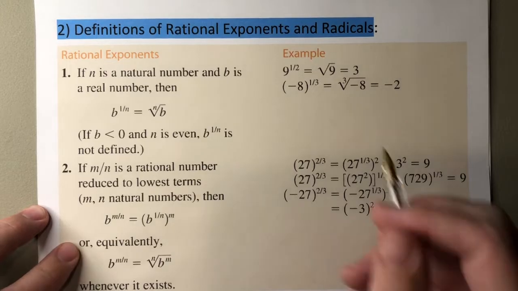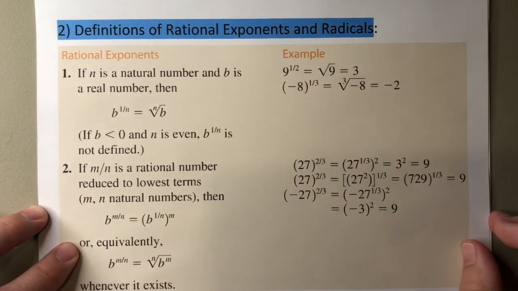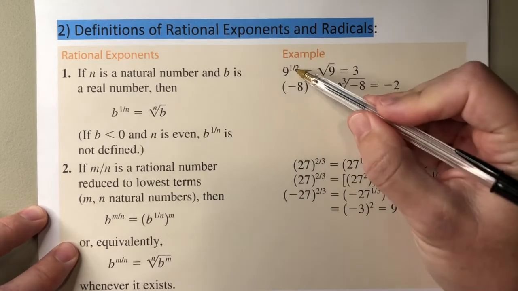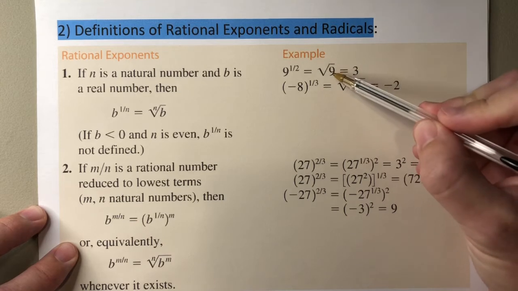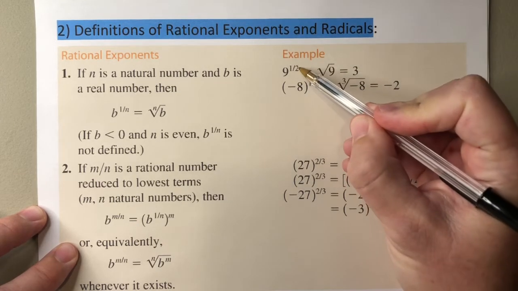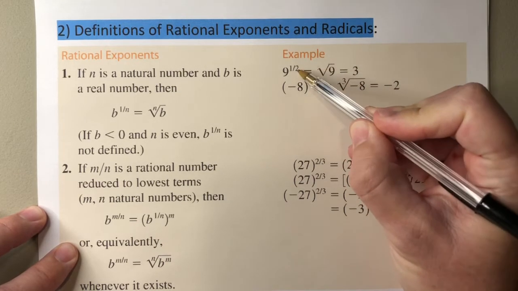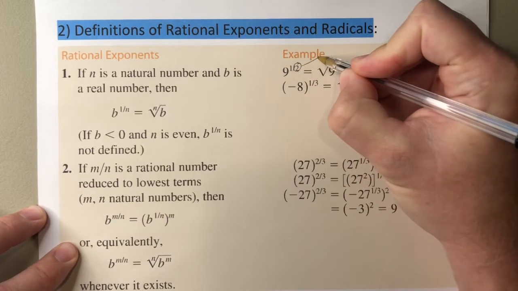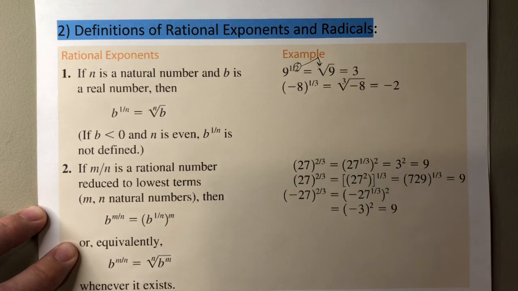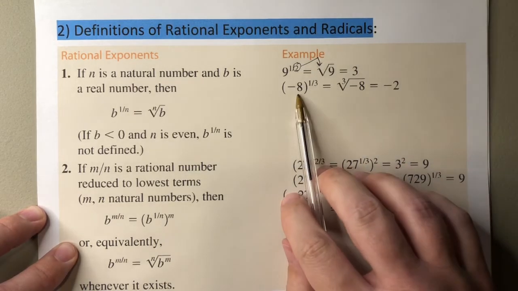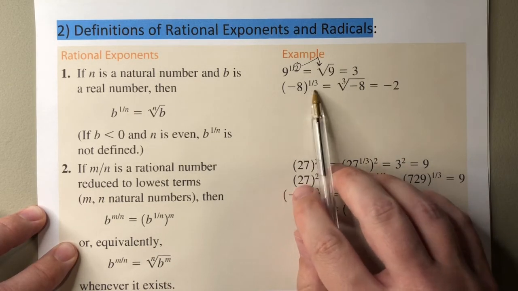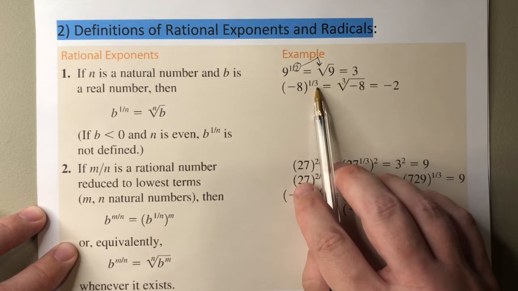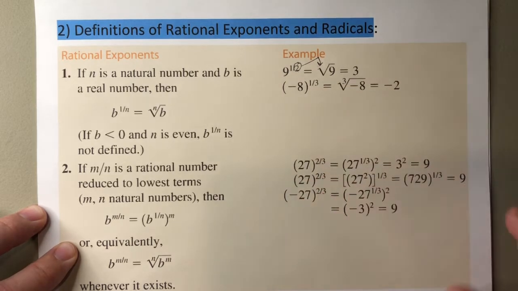Here are some examples. 9 to the 1/2 is the same as the square root of 9. Why? Because remember, this value is really understood to be a 2 if there's nothing there. Another example, quantity of -8 to the 1/3 really means the cube root of -8, which is -2.